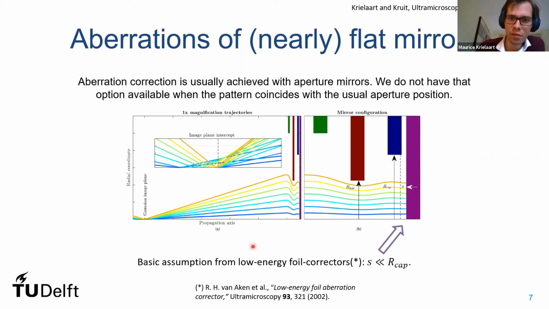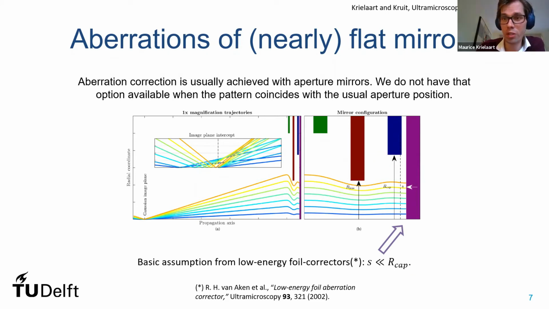And one study that we've been doing just recently, a publication from a few months ago now, is to see if we can minimize those aberrations by playing with the radius of the lens and the cap electrode, as we call them.